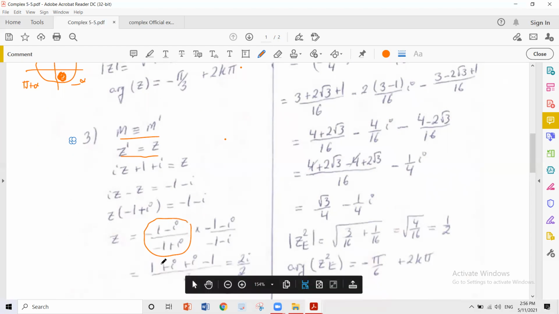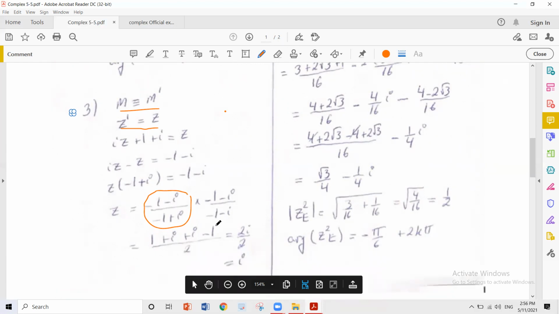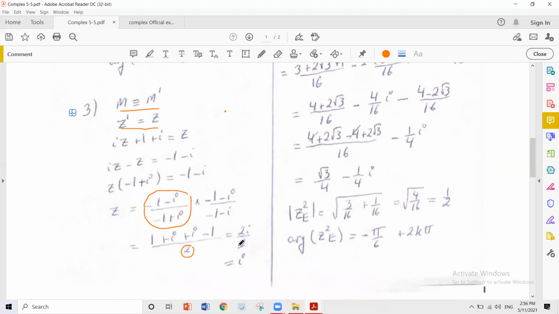Numerator: minus 1 times minus 1 is plus 1, plus I plus I plus I squared, which is minus 1, giving 2I. The denominator is a squared plus b squared, 1 squared plus 1 squared is 2. So it is equal to 2I over 2, which is I.